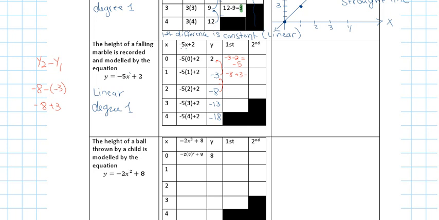Then I have negative 13. Take away negative 8. So that's plus 8, which is negative 5. And then negative 18, take away negative 13, or plus 13.